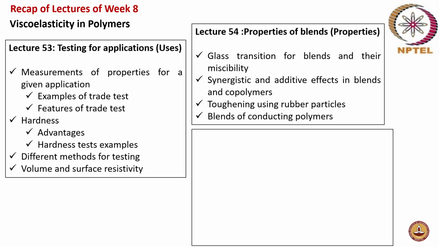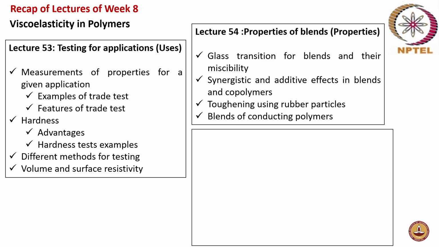A temperature versus E prime curve plot was shown for two pure polymers, one having a lower glass transition temperature and one having a higher glass transition temperature, and how the modulus behaves for each of these individually, and also when they form a miscible blend, how is the behavior, and when they form an immiscible blend or a partially miscible blend, how is the behavior.